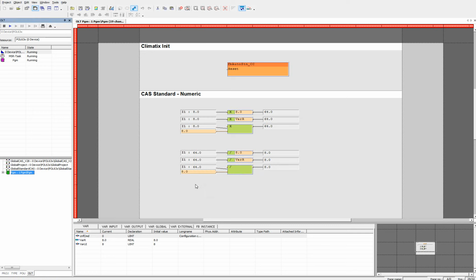And it works. Perfect. Something a little bit harder. So 64 multiplied by 8 is 512, and 512 divided by 8 is 64.